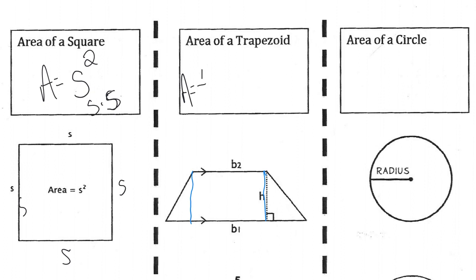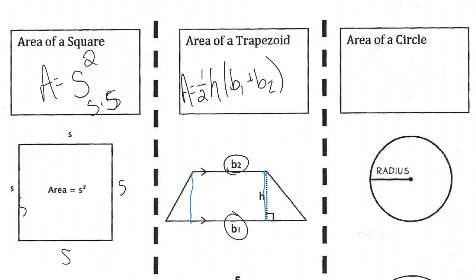It's area equals 1/2 times the height, times, if you notice, there's a top base and a lower base, base 1 plus base 2. Okay, so that's our whole formula: 1/2 times height times your base 1 plus your base 2.